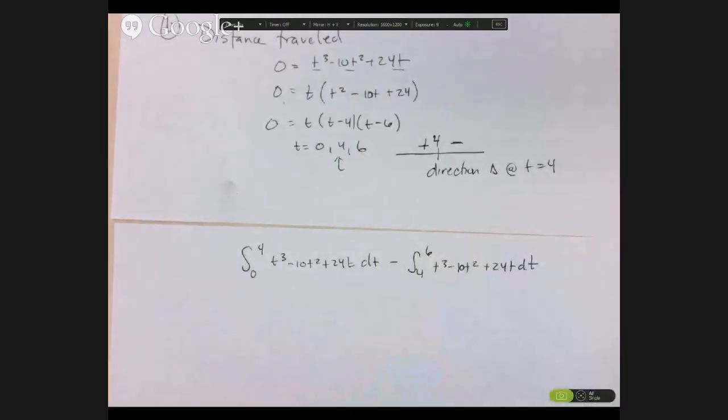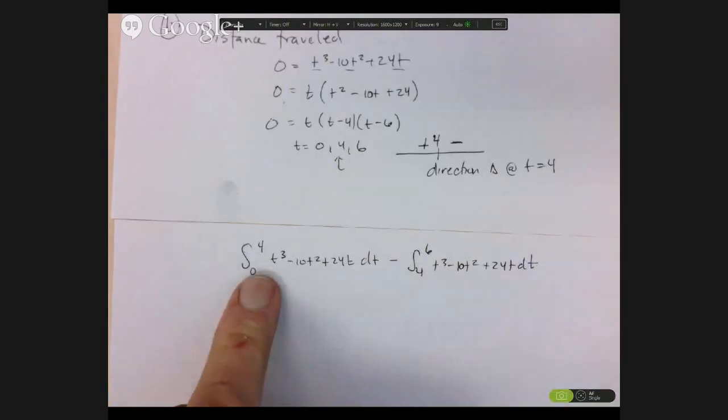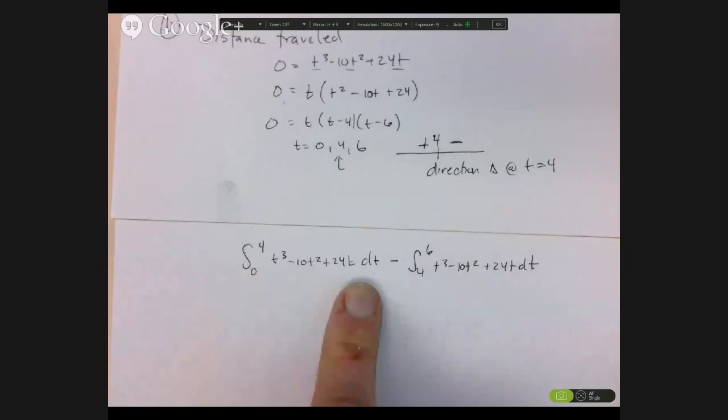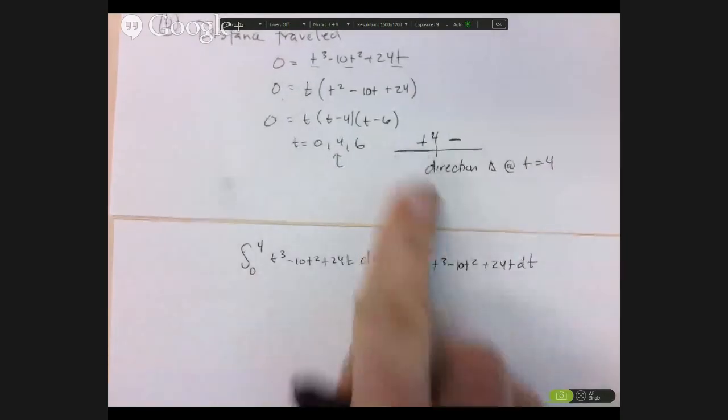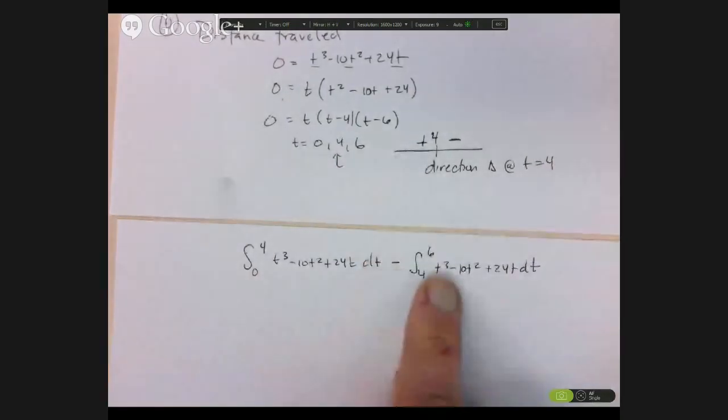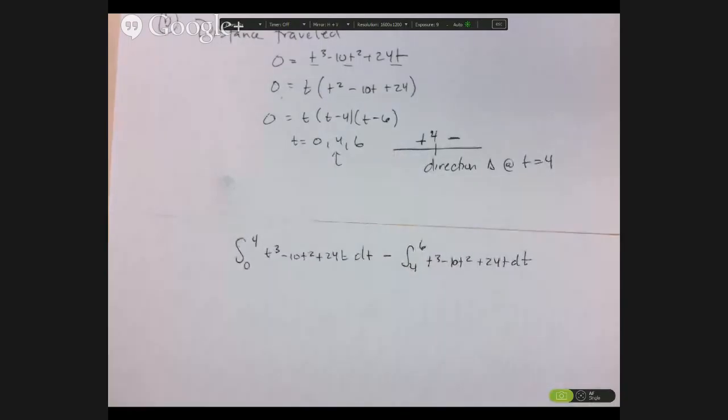Okay, so our integral changes slightly. We know that this part is positive, but this part is negative, so we have to subtract it. It'll actually end up adding that negative distance in, and we'll have our total distance traveled.